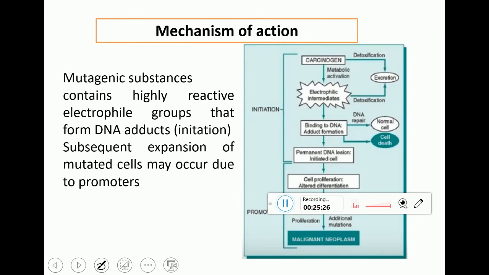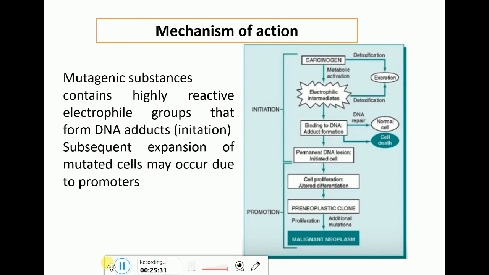Going further, what is the mechanism of action for the development of cancer? Let's look at this diagram. In this diagram, we will start from a carcinogen, be it a chemical carcinogen or an indirect carcinogen. Let's suppose we are starting with an indirect carcinogen, then it will get activated.